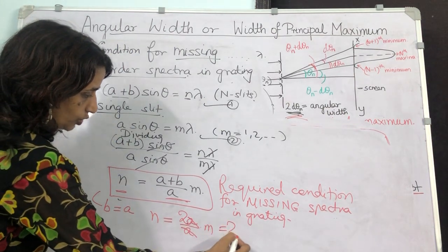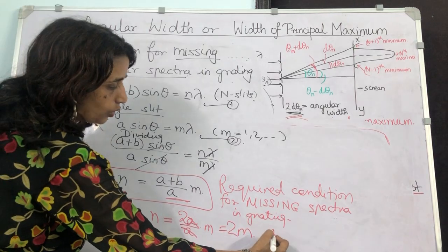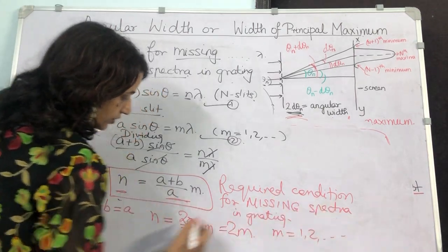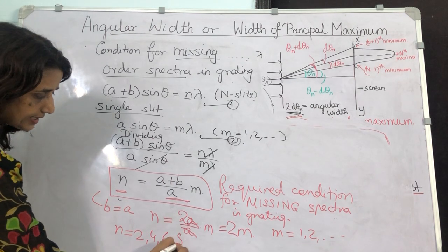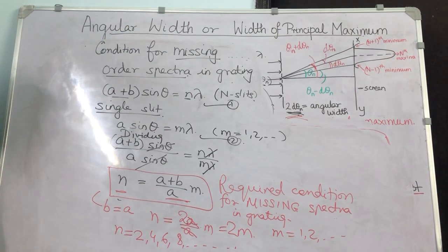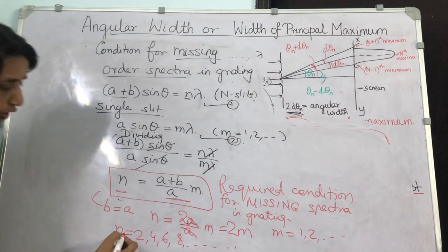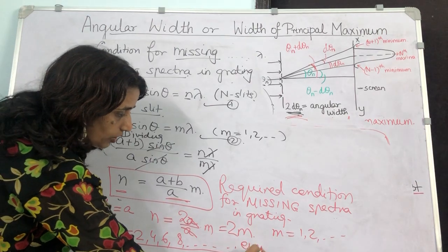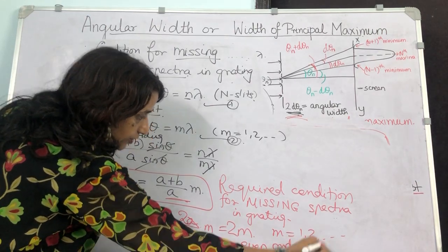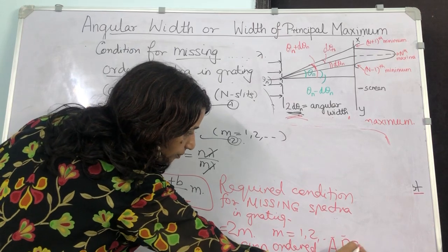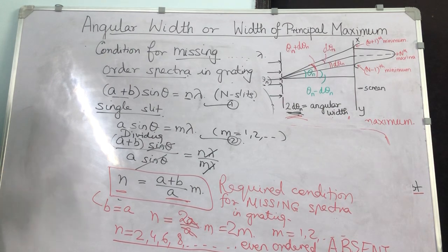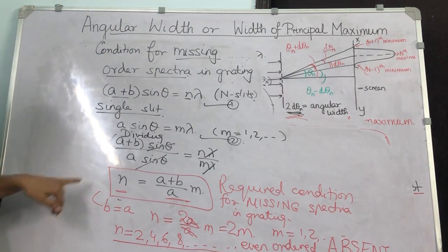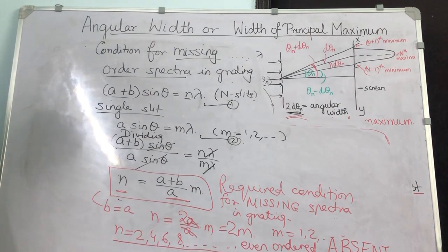Now put m equal to 1, 2, 3, etc. So n is equal to 2, 4, 6, 8, etc. So even ordered interference maxima will be absent. Certain colors are seen in grating, certain are not observed, so when this condition is satisfied, even ordered spectra will be absent from the grating spectra.